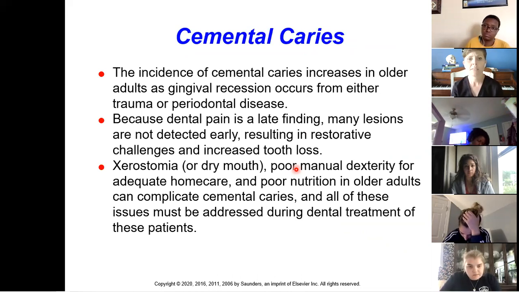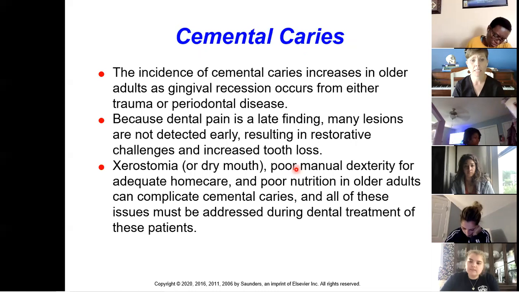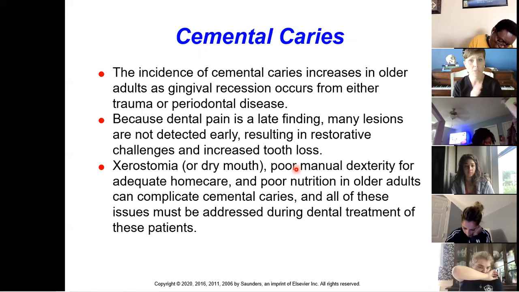The incidence is with people that are older and they end up with gingival recession or recession due to trauma, because remember, occlusal trauma can cause recession as well. Dental pain is usually a late finding with many of these lesions. You will usually see it before they end up having pain with it, because remember, as you get older, your pulp chambers get more narrow.